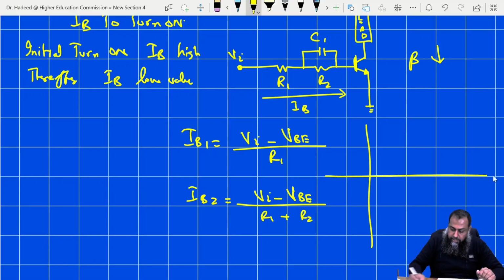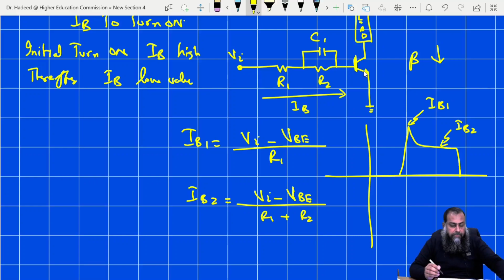Now as a result of this arrangement, we have this type of circuit where initially we have a higher base current, let us say this is IB1, and thereafter the current IB2 flows through the entire operation, until and unless we have this switch in an on state condition. Now in order to cater for the first order transients that occur because of this C1 and R2, we need to find out the time constant before we design this set of resistances R1, R2, and C1.